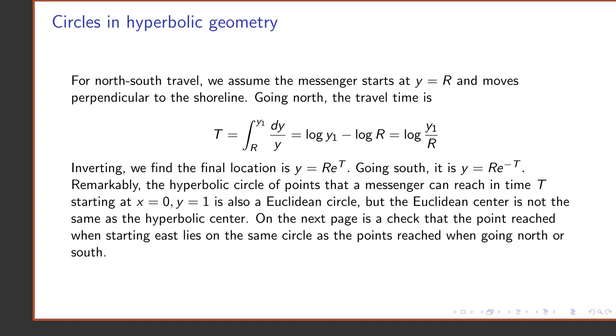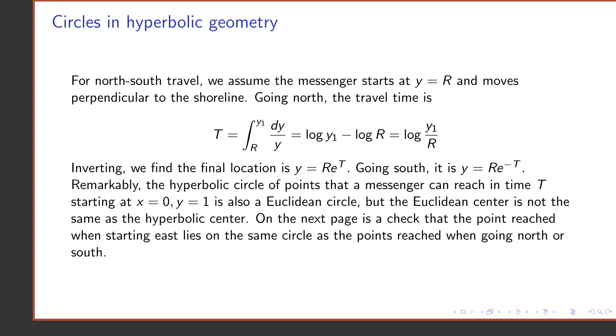Now let's see if we can figure out something about circles in hyperbolic geometry. I'm just going to state, not prove, the really interesting result. But let's look at north-south travel. The messenger starts where y equals r, moves along a straight line perpendicular to the shoreline, and the travel time is obtained by integrating dy over y from r to y1.